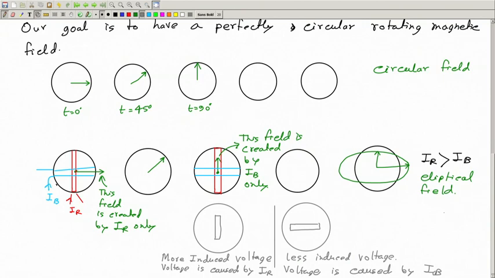And if we put the coil like this, say at an angle, then we will have an intermediate value of induced voltage, or let us call it medium induced voltage.